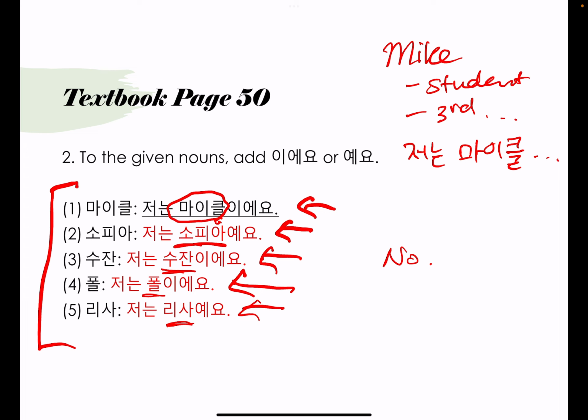And then omit 저는 and say 학생이에요. And then 3학년이에요. So in this case, I can omit 저는 because the core identity of the person that we're talking about, Michael, doesn't change. But in this case, it does. So we can't omit 저는 here. But that kind of paragraph wouldn't really exist, right?